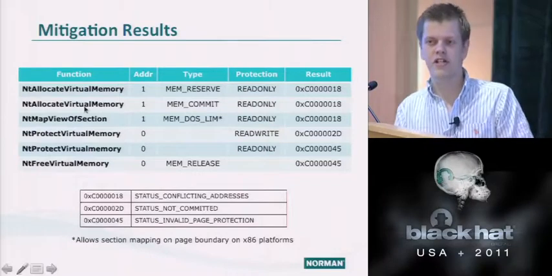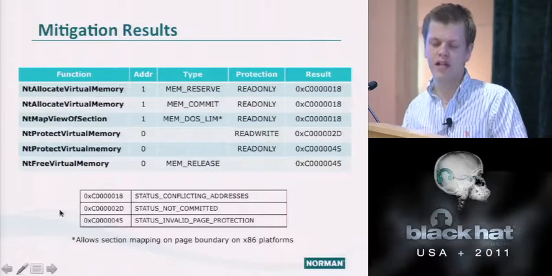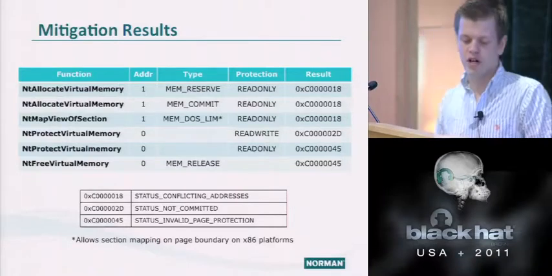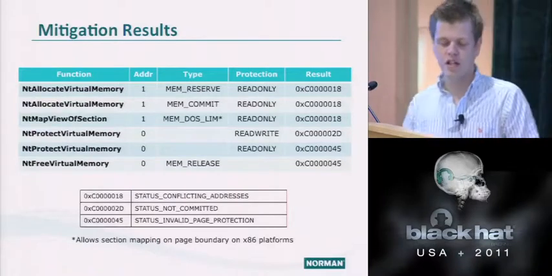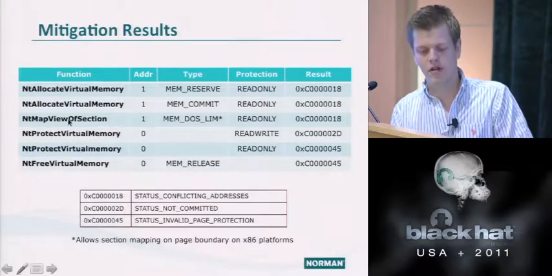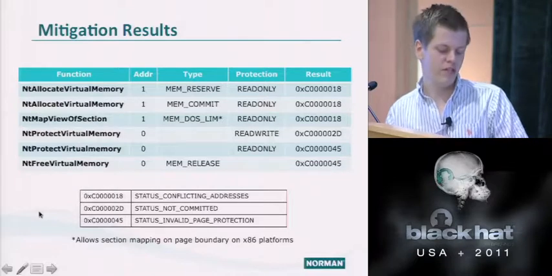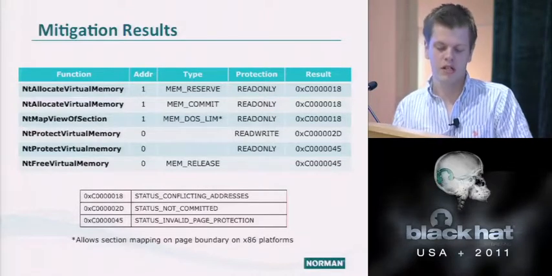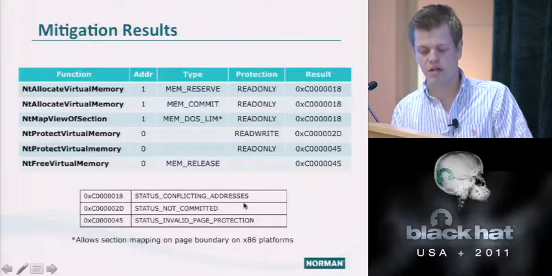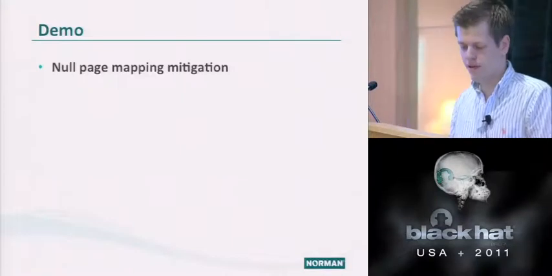Calling any of the traditional APIs for allocating the null page, freeing the null page, or changing its protection fails. You also have MapViewOfSection, which is another way of mapping the null page, and that also does not work. So I'll run a short demo of that as well.